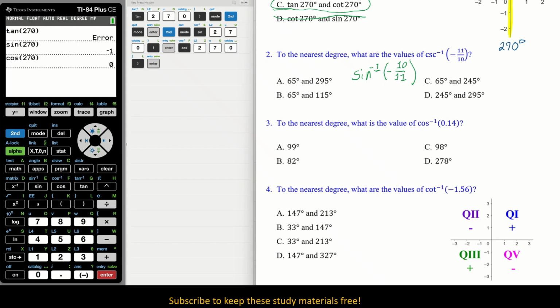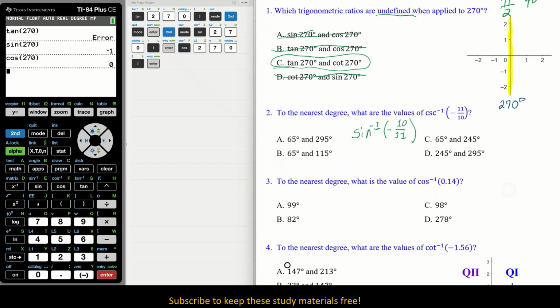Let's put that in our calculator and see what we get. We also have to keep in mind the quadrants. Let's get this value first and then discuss that. What are we really looking for in those quadrants? I'm going to move back down so we can use this blank coordinate grid we have.